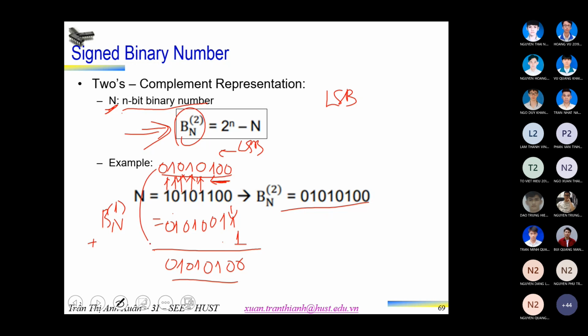This is the same value. So we have two methods to find the two's complement representation.